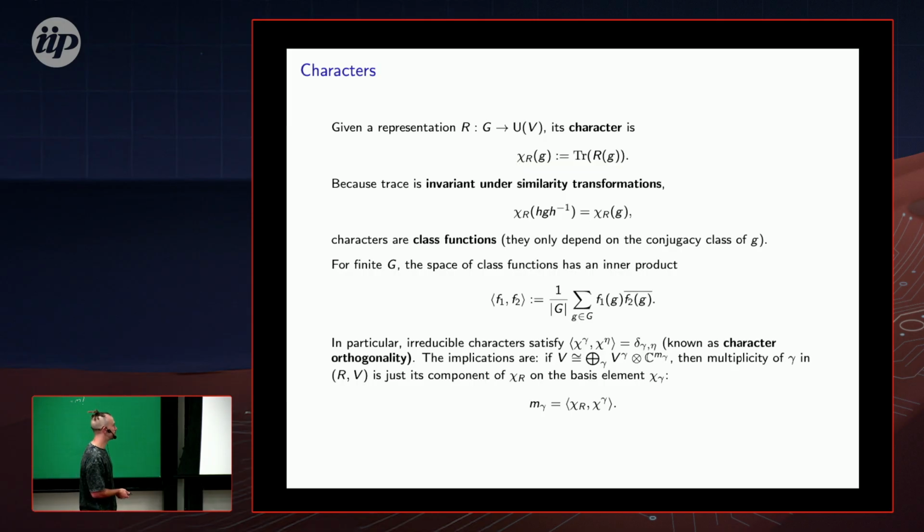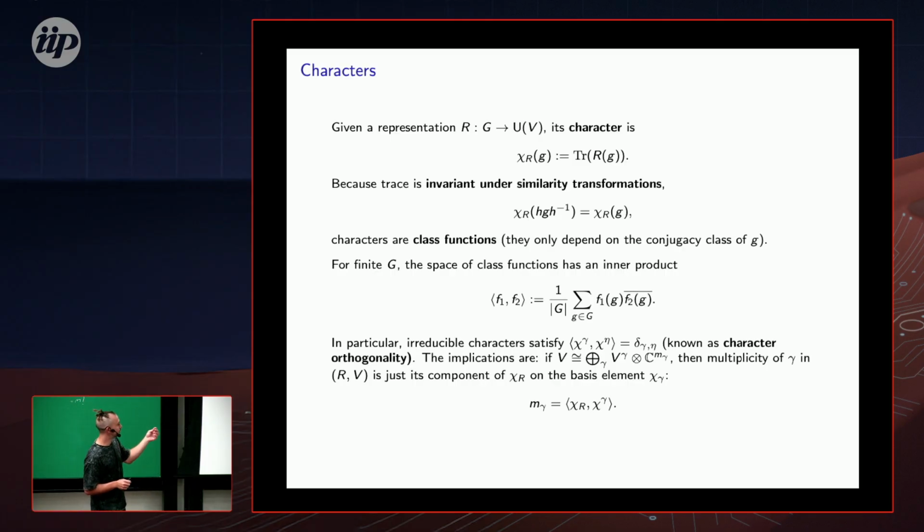There's an inner product on this space of class functions, essentially the center of the group. And I think the most important thing to see here is that the characters that arise from taking the trace of irreducible representations form a basis of the center of the group algebra.